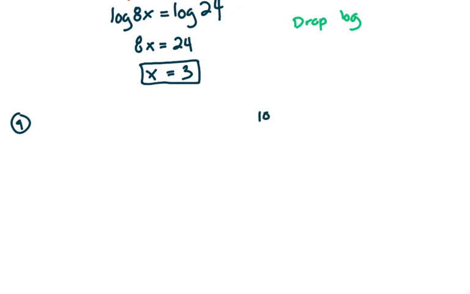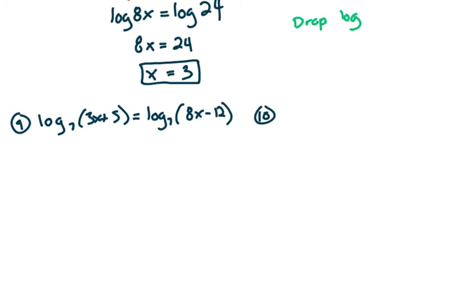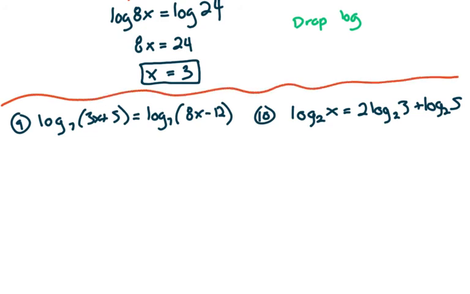I'm going to have you guys try 9 and 10. So 9 will be log base 7 of 3x plus 5 equals log base 7 of 8x minus 12. And 10 will be log base 2 of x equals 2 log base 2 of 3 plus log base 2 of 5.